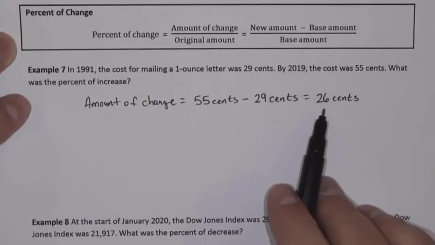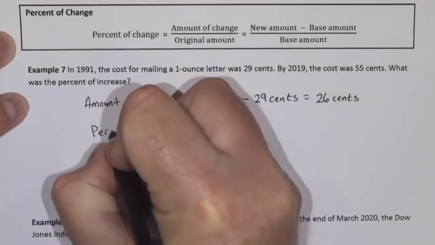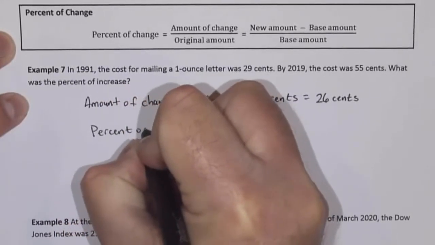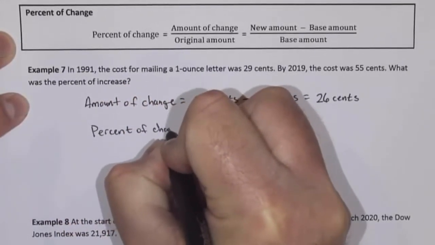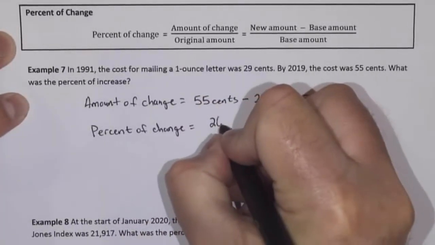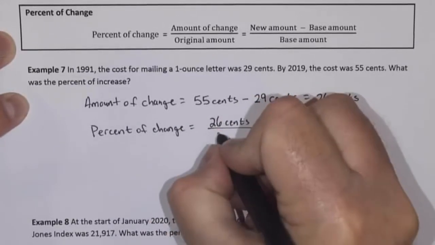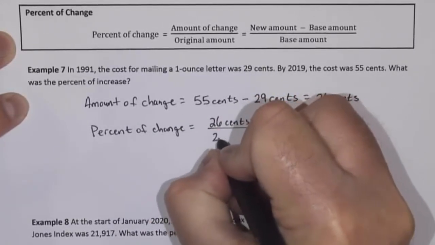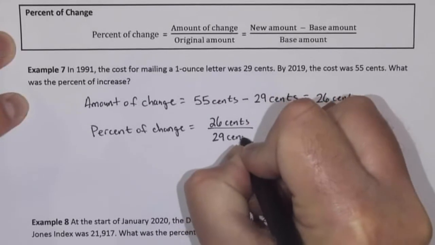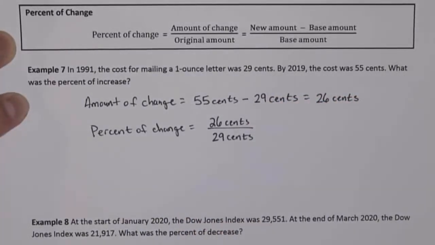So it's increased by 26 cents. So the percent of change is going to equal the amount of change, 26 cents, divided by the original amount, which was 29 cents. Our original amount, or our base amount, was the 29 cents.